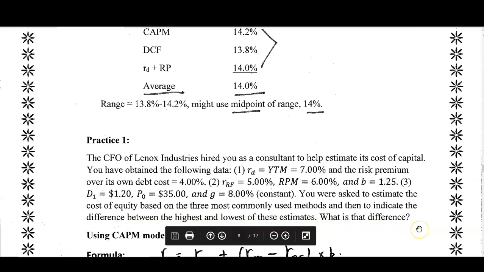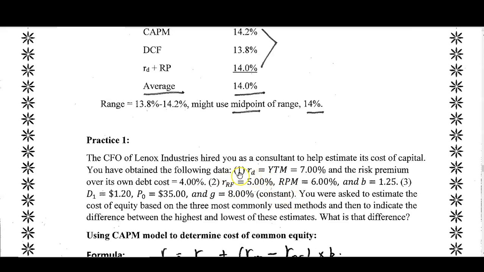What is that difference? Okay, so we have three groups of data here, and you can definitely tell from the first group of data, we can use the bond return plus its own stock over bond risk premium method to calculate cost of common equity. And for the second group of data, you can use CAPM to calculate cost of common equity.